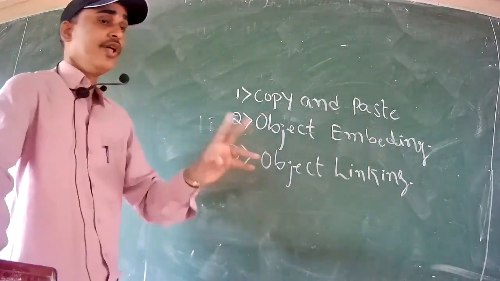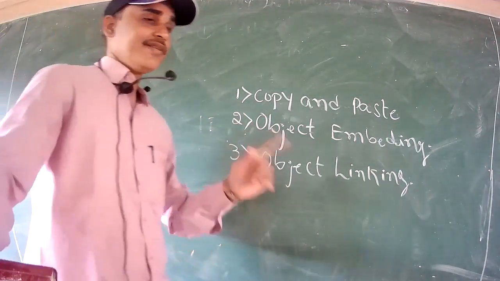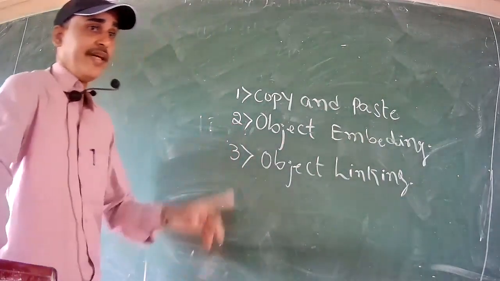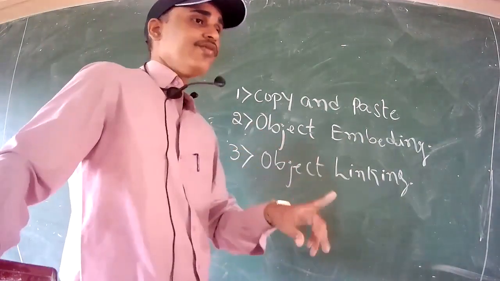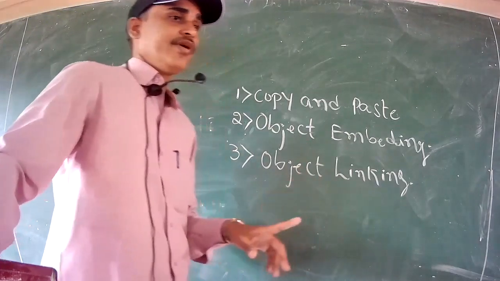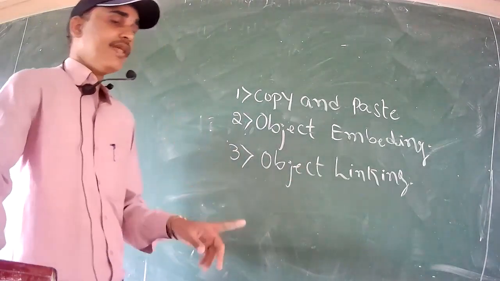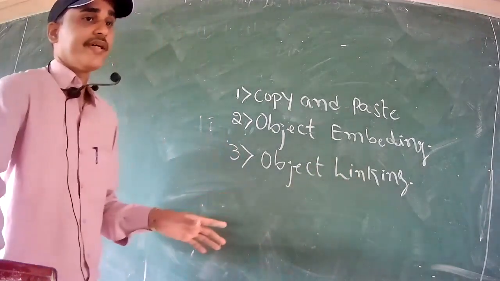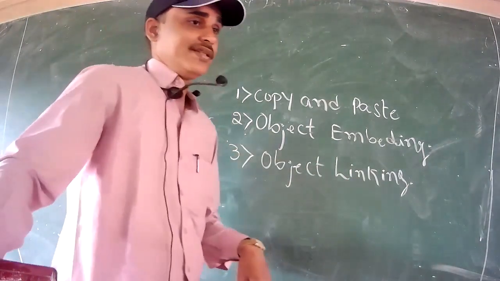There are no two different files here. There is only one file. So the control is transferred to that original file. In the original file, MS Excel only, we have to do the modifications and we have to save. Then once the information is saved there, automatically it is reflected in both the applications.